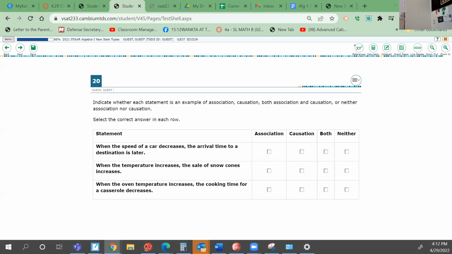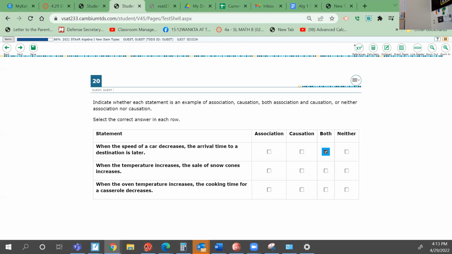But remember now, causation is also association. So they both go hand in hand. So yes, there is a link. Someone said both. Just remember now, again, let me stress this. Causation, they're looking for a link.